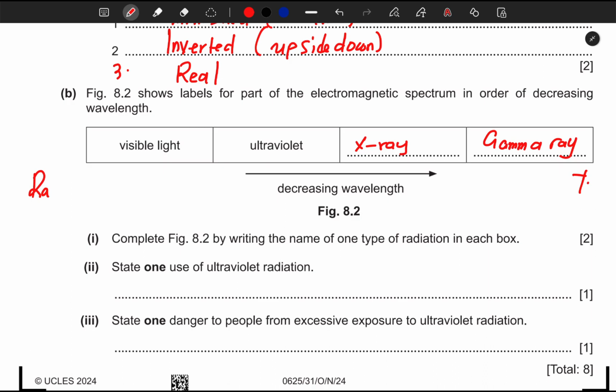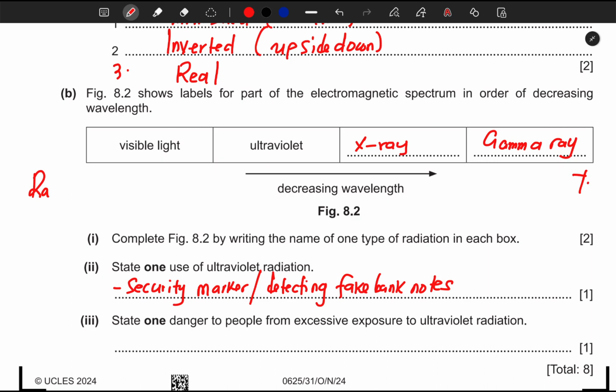So, which one are you going for? Any. It can be used as a security marker, or it can be used in detecting fake banknotes. I think let me just give you those two.